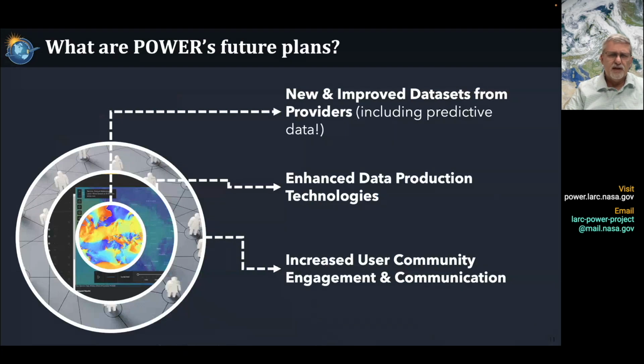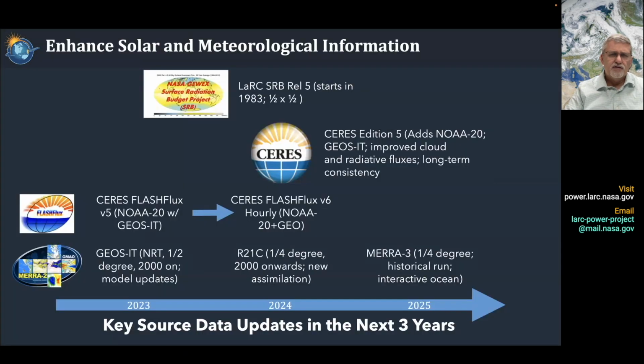Now, what about our future plans? We do have some future plans, because we're continuing to evolve and improve our services and to expand the data parameters available. This slide just gives a sense of the types of changes that should be coming.